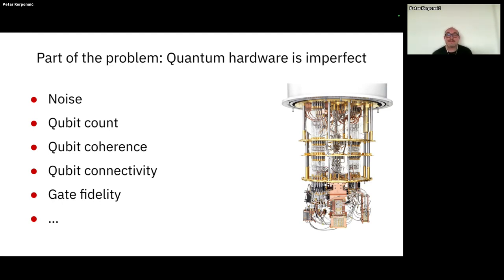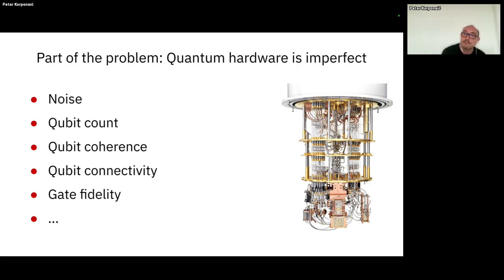We are trying to precisely control quantum mechanical effects, and this is extraordinarily hard. I can tell you that a quantum computer is one of the most advanced pieces of technology that human hands ever made. And it's not surprising that we have noise.